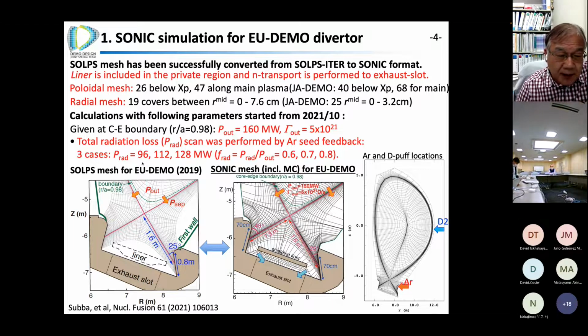This corresponds to fractions of the exhausted power of 60%, 70%, and 80%. The deuterium gas puff is a given value.